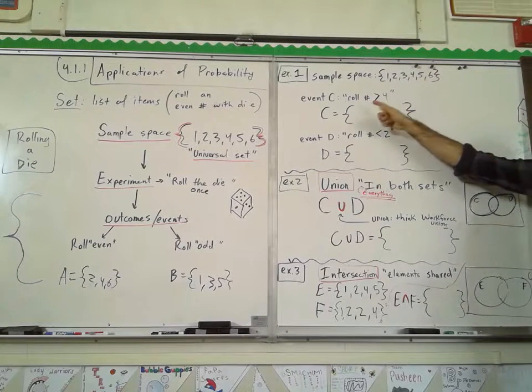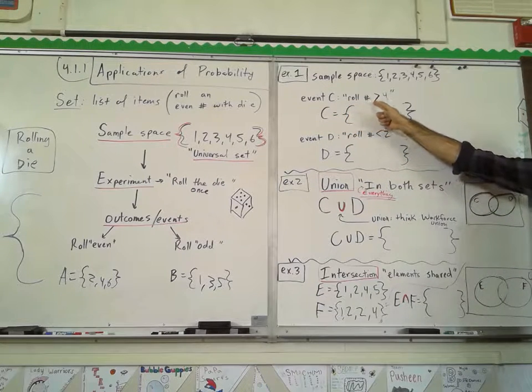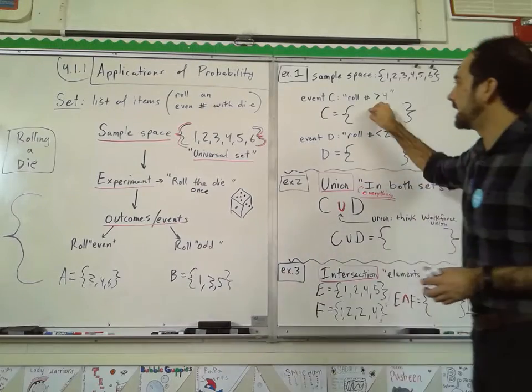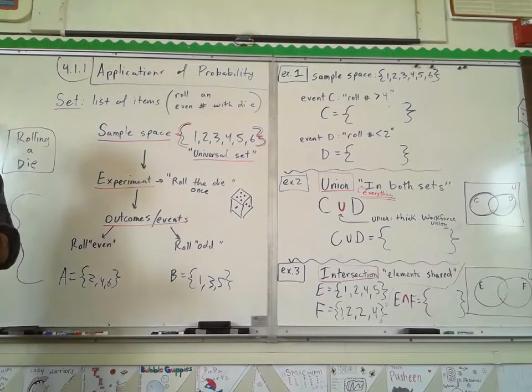Event C, with set C, is going to be roll a number greater than 4. I want you to put what elements go in that set C if I'm looking for rolling a number greater than 4. Again, the question isn't the brain buster.